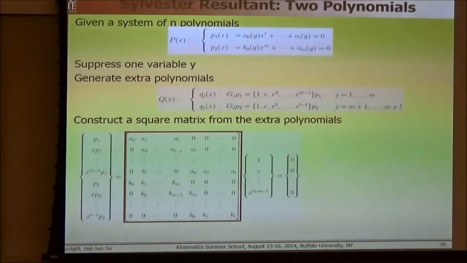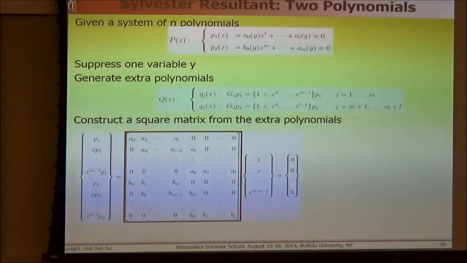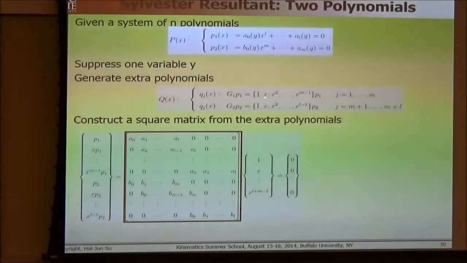So let's do two examples of how you generate a resultant matrix. For two polynomials, there's already something called the Sylvester resultant. We have two polynomials, and what you can do is multiply the first polynomial by a list of monomials, say x, where y is the suppressed variable. You want to eliminate x from these two equations.